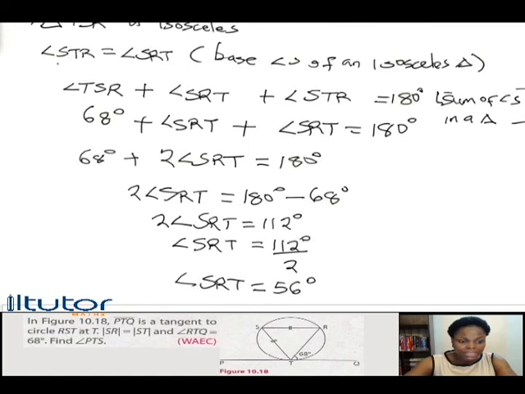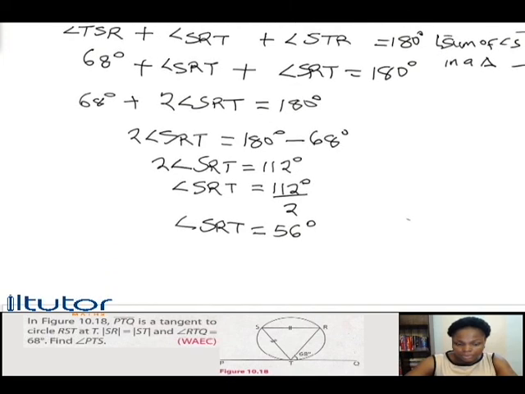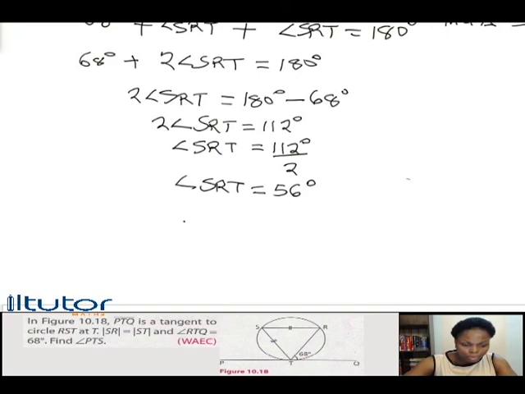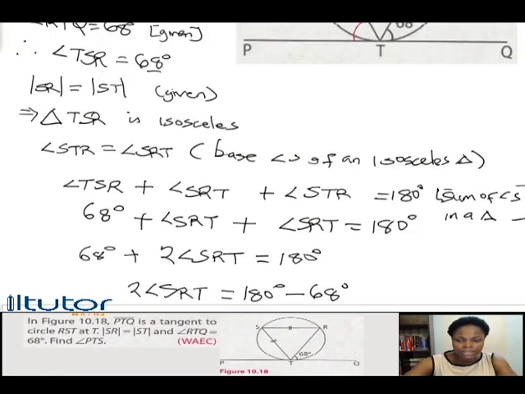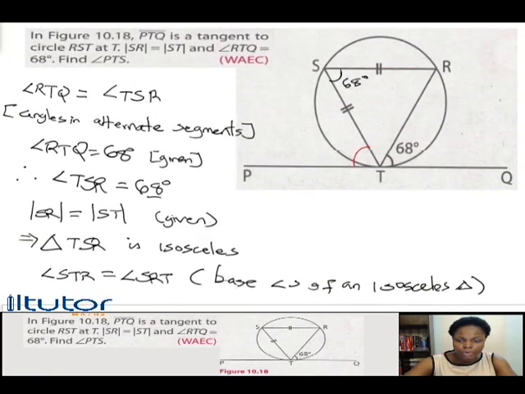So it also implies that angle STR is also 56 degrees. Now let's go back to our diagram. So we impute this and see how it helps us to find angle PTS. So STR here is 56 degrees, and this 56 degrees as well.